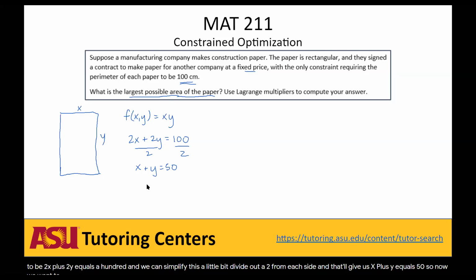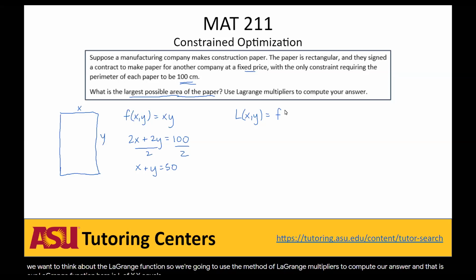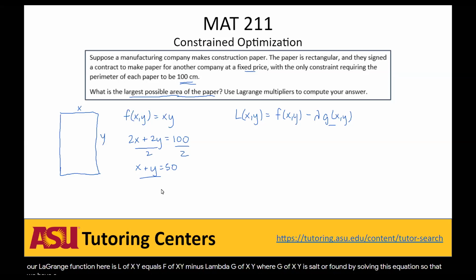So now we want to think about the Lagrange function. We're going to use the method of Lagrange multipliers to compute our answer. Our Lagrange function here is L of x, y equals f of x, y minus lambda g of x, y, where g of x, y is found by solving this equation so that we have a 0 on one side.